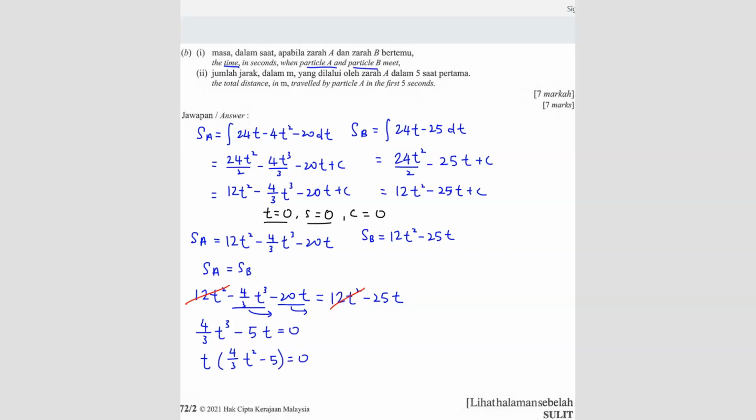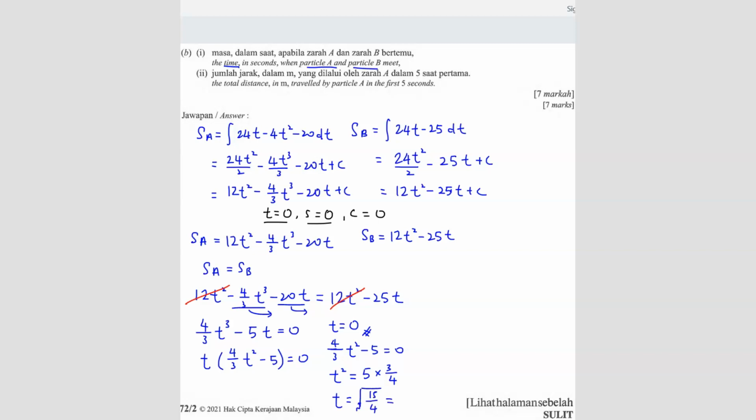So you got two values of time. First, when t equals 0, both of them meet because that's the starting position. The second one is 4 over 3 t square minus 5 equals 0. So I'm going to rearrange this. t square equals 5 times 3 over 4, so t equals square root of 15 over 4.